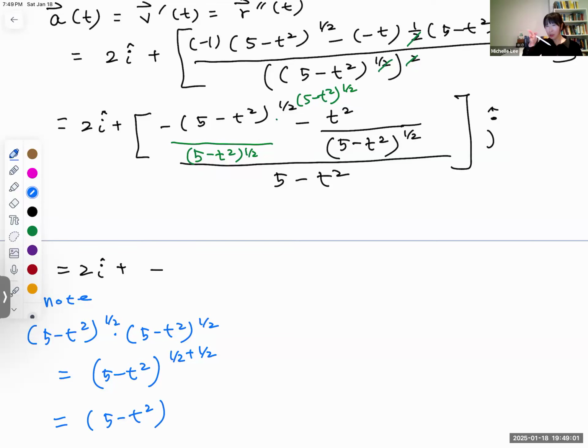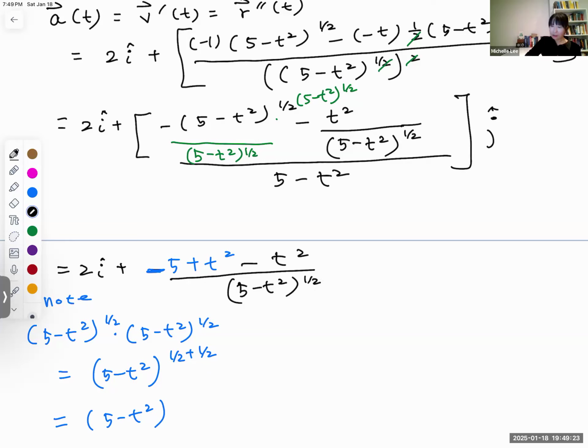So I want to distribute the negative. So 5 plus t squared, then minus t squared. And then the denominator is 5 minus t squared, 1/2, all over, sorry, a little bit messy, 5 minus t squared there, j hat, right?